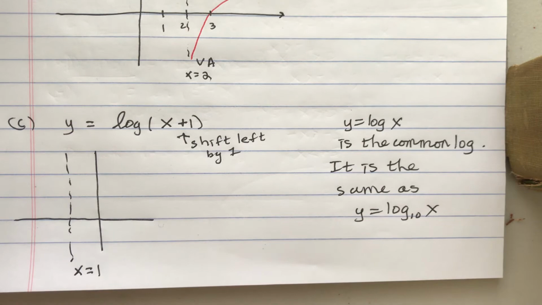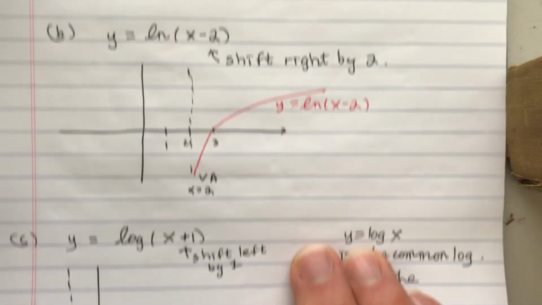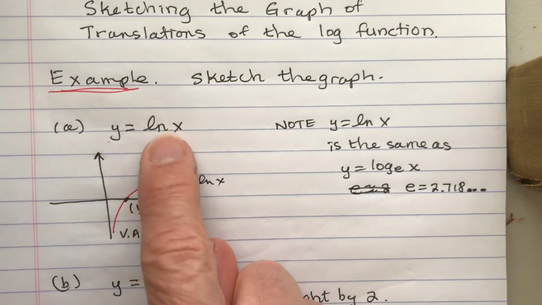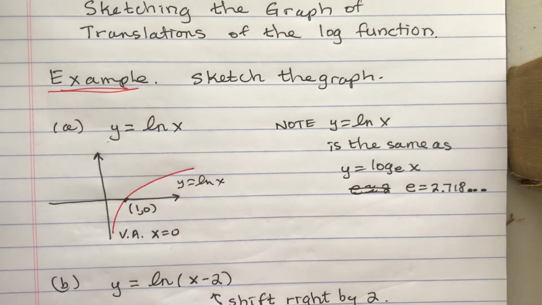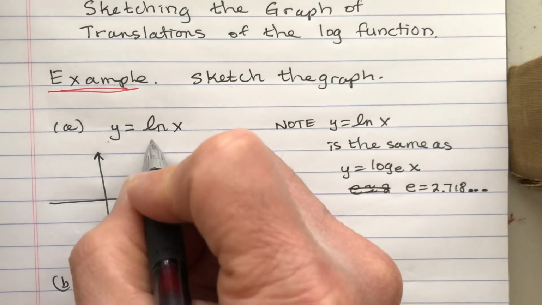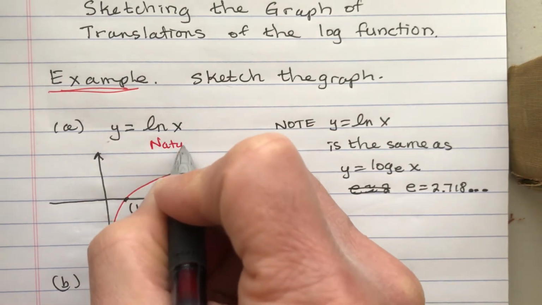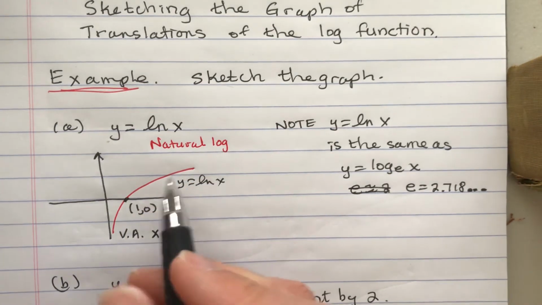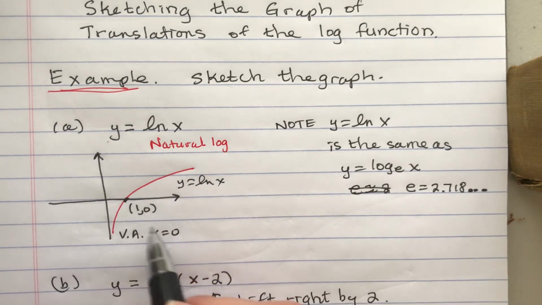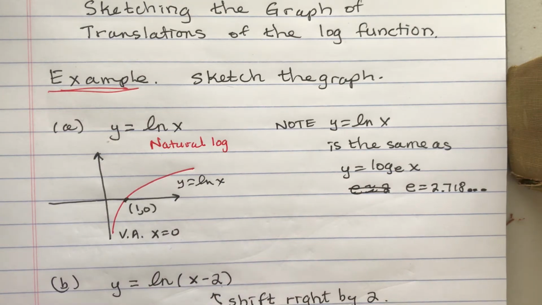Okay, so what I'm going to do over here is go up here. This is base e, but you're going to get a lot of the same things. x equals 0 is the vertical asymptote, and (1, 0). This, by the way, is the natural logarithm. If I shift to the left by 1, I subtract 1 from all those x values.